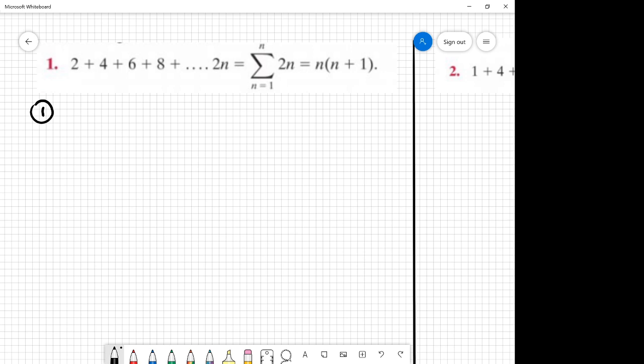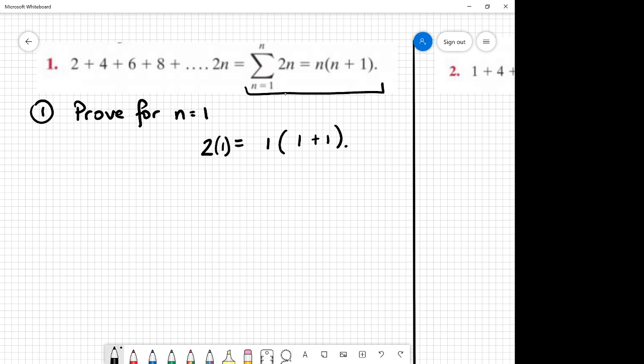So step 1 is to prove it for n equals 1. So we're just adding up the first even number. That means that we're doing 2 on the left hand side. And we want to know, is 2 equal to 1 bracket 1 plus 1?